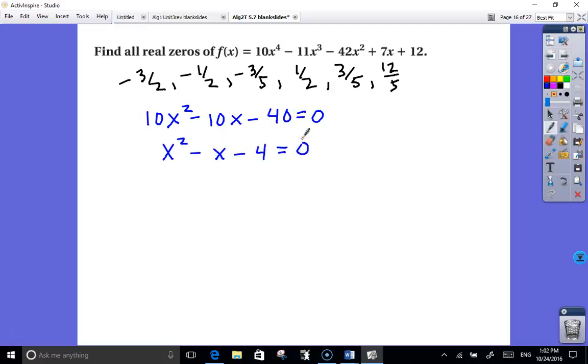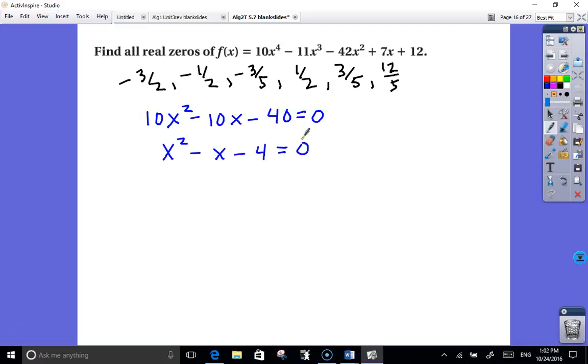So is that factorable? Remember, if it's factorable, since it's a 1x squared, there have to be factors of negative 4 that add up to negative 1. Are there factors of negative 4 that add up to negative 1? No, so it's not factorable.